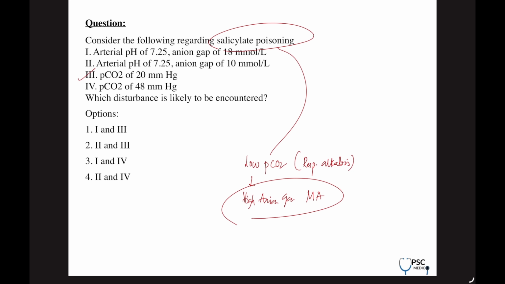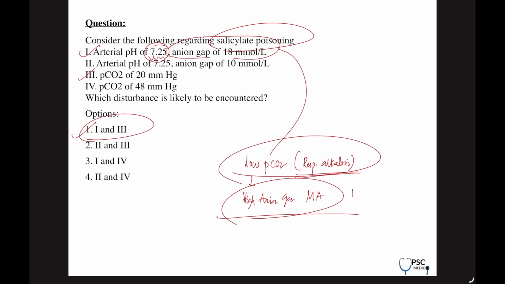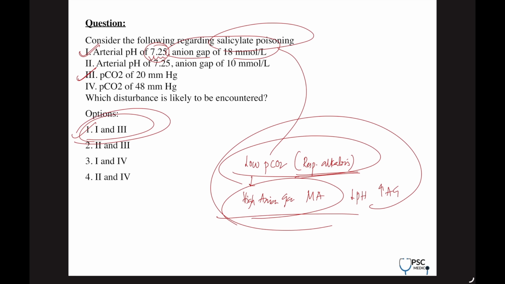That means anion gap is high, almost 18 millimoles, and acidosis, pH 7.25. So the correct answer here is 1 and 3. Salicylate poisoning has mixed acid base disturbance. You will see respiratory alkalosis with high anion gap metabolic acidosis. That means low PCO2, low pH, and increased anion gap. So all these parameters are included in 1 and 3. So the correct answer is 1 and 3.